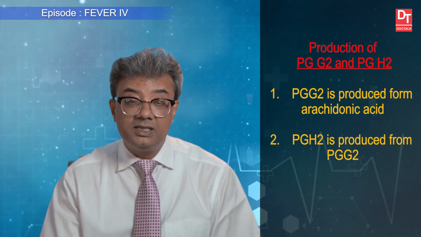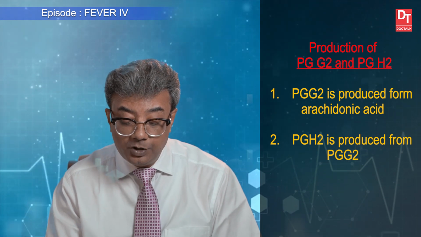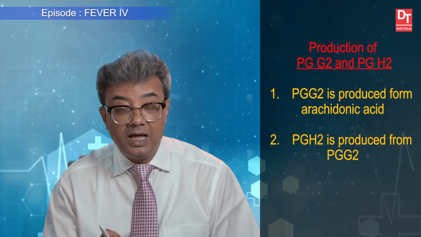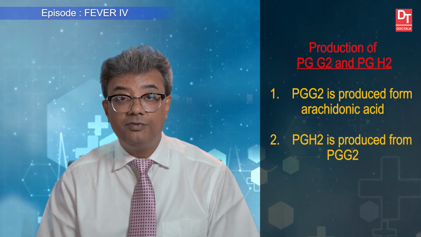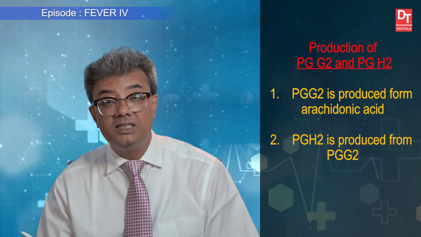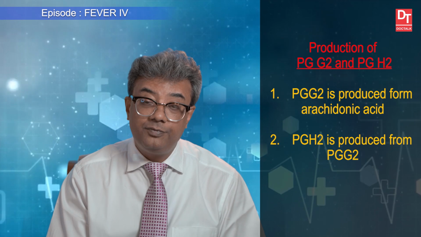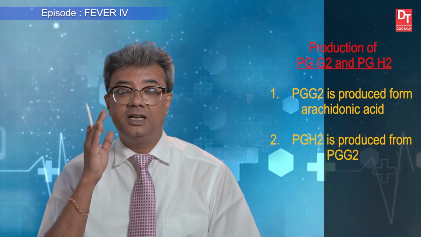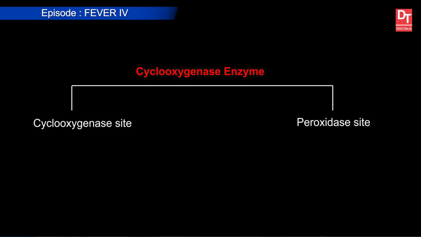From arachidonic acid, PGG2 is produced by the activation of the cyclooxygenase site of the cyclooxygenase enzyme. Now, the cyclooxygenase enzyme has two sites of activation: one is the cyclooxygenase site, another is the peroxidase site.